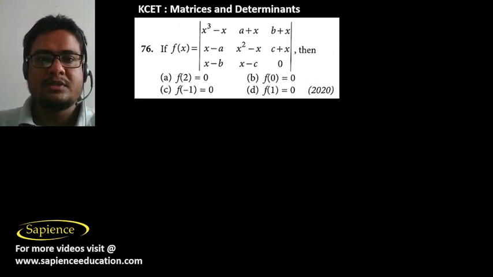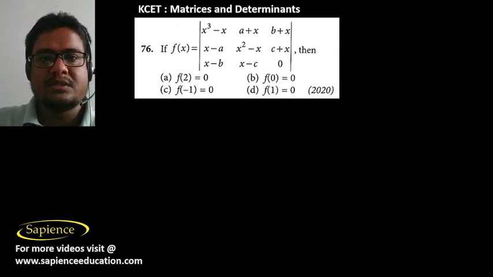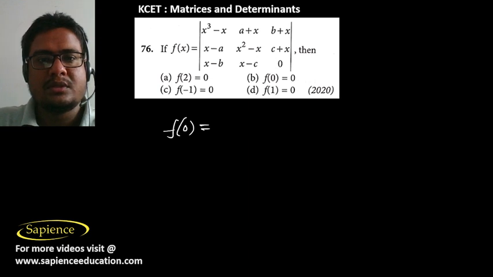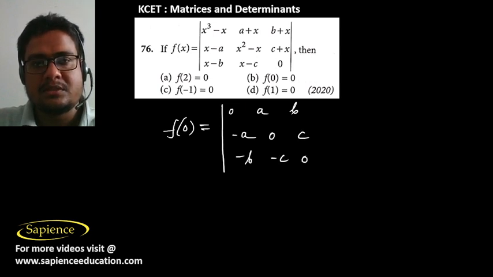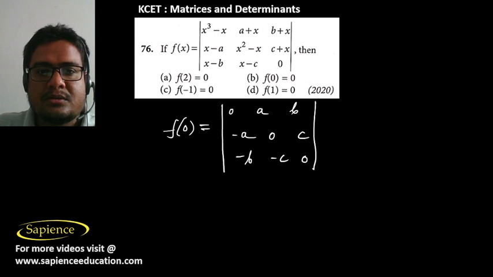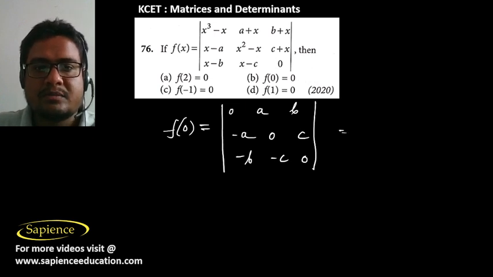Then question number 76. If f of x is this, then we have to find, so first we can find f of 0. First we put x equal to 0 here, that is the determinant of 0, a, b; minus a, 0, c; minus b, minus c, 0. We can expand this determinant along the first row.